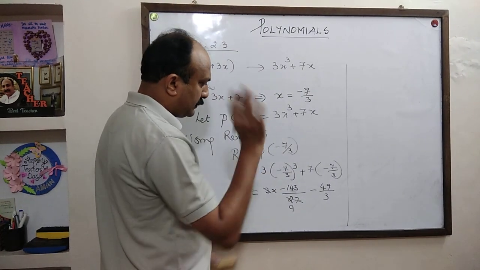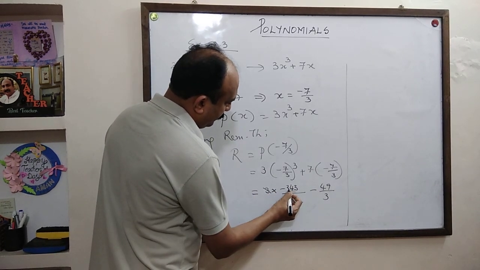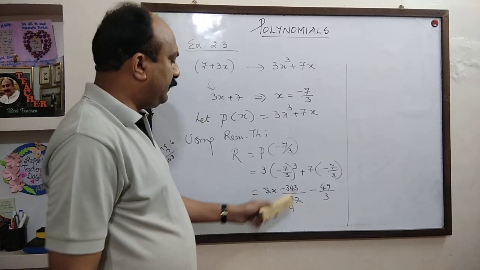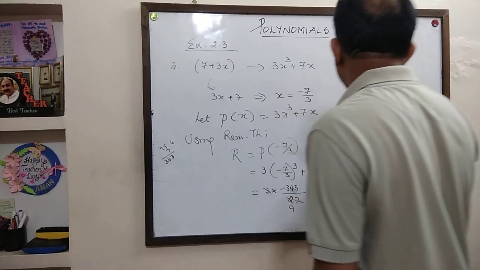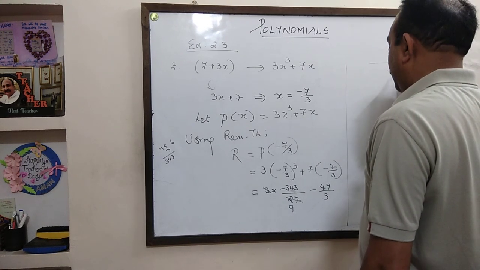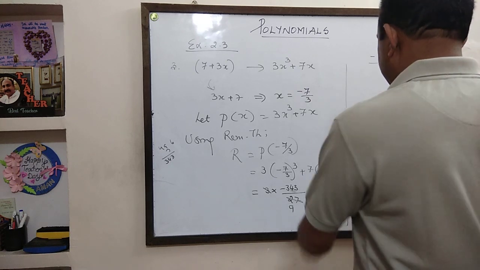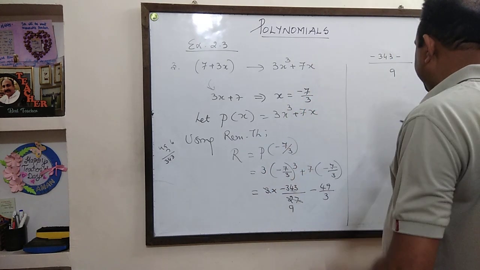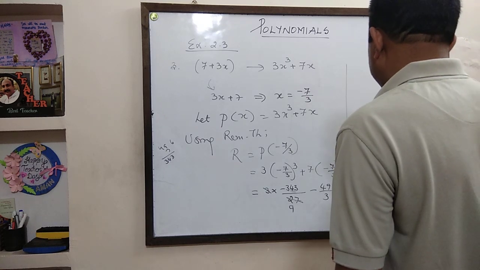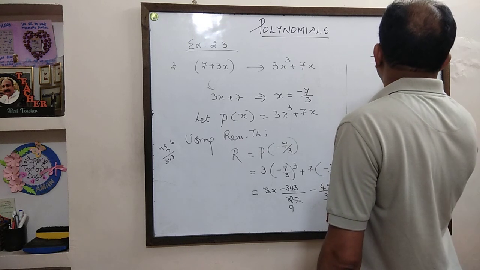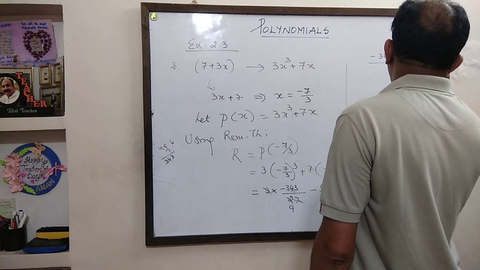Sorry, this is minus 343. Minus 343 upon 27 minus 49 upon 3. Taking LCM 9, minus 343 minus 49 into 3, that is 147.